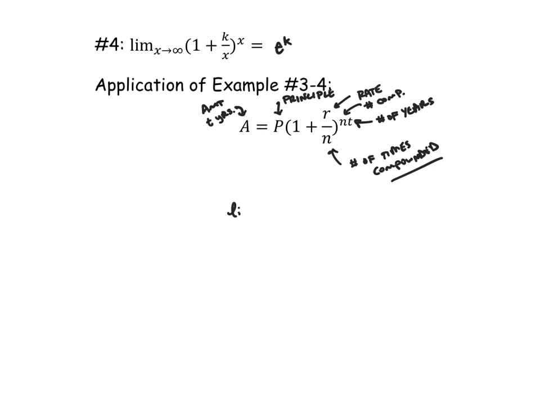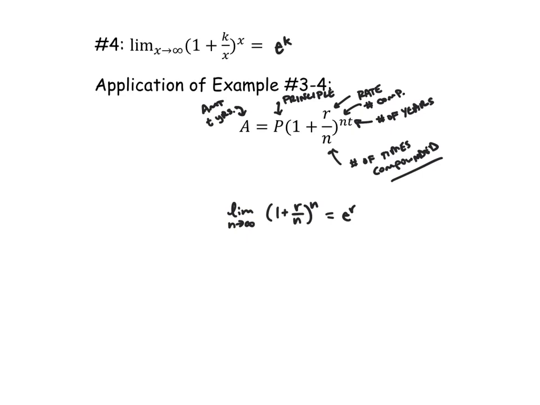So if I took the limit as n approached infinity of 1 plus r over n to the nth power, what would I get? Well, it's very similar to what we just did up here. We would get e to the r, right? It follows the exact same limit methods as we did up here in number 4 and in number 3.